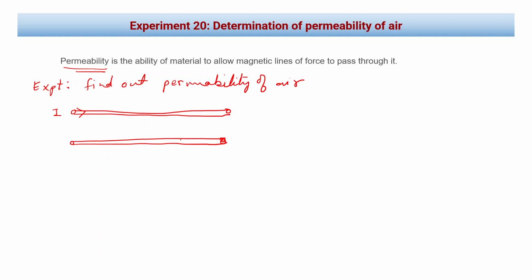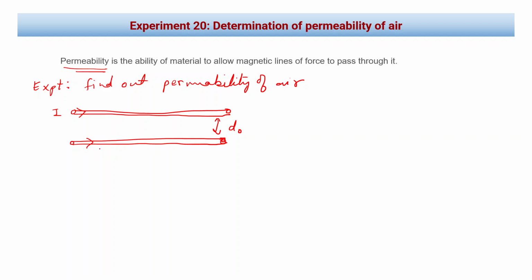When we have two such similar rods kept together at some distance, say d naught, then if the current is flowing in the same direction, they will attract each other. When they are in opposite directions, they will repel each other.